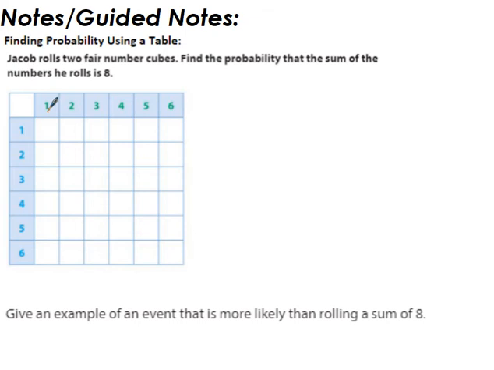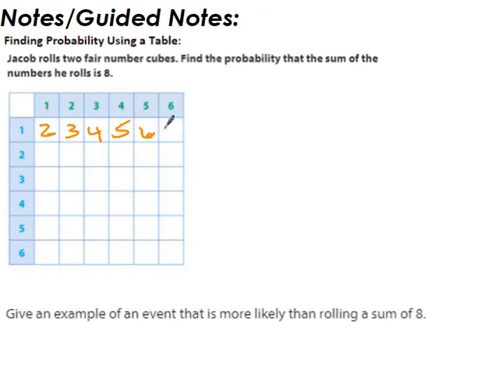So if the first die is a 1 and the second one's a 1, the sum of these 2 numbers is a 2. Because when you roll 2 1s, you're actually rolling a 2. If the first die is a 2 and the second die is still a 1, that would be a 3. 3 and 1 would make a 4. 4 and 1 would make a 5. 5 and 1 would make a 6.